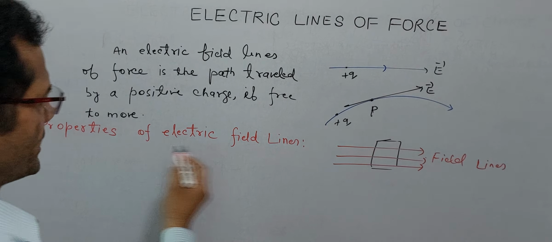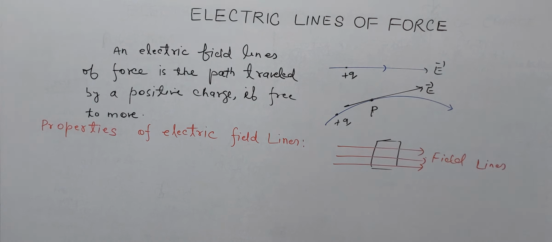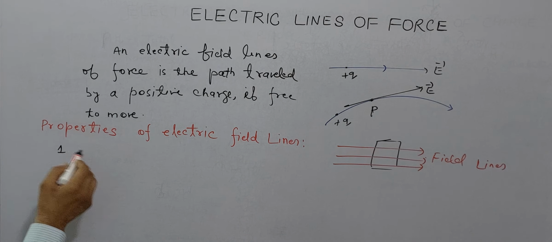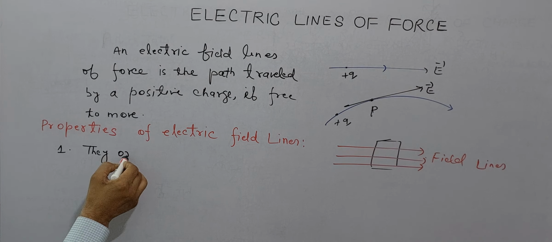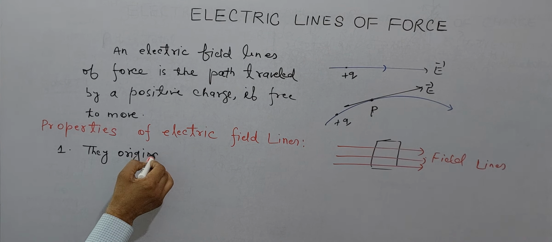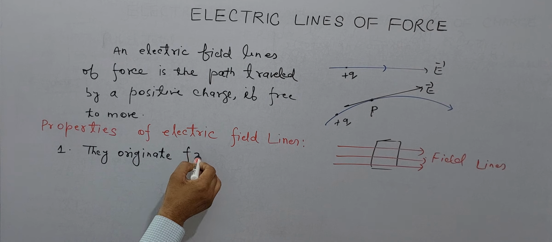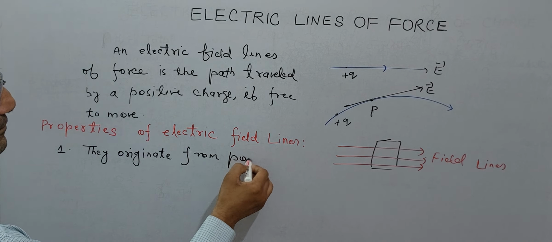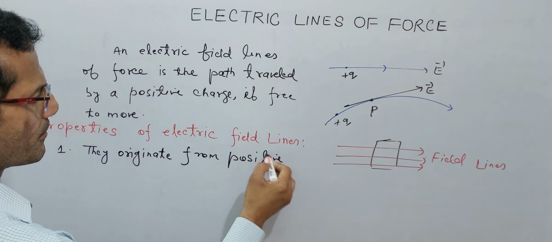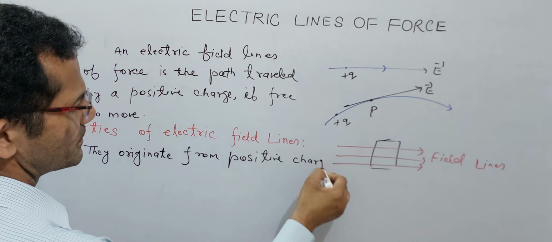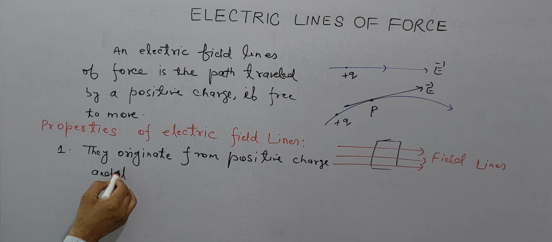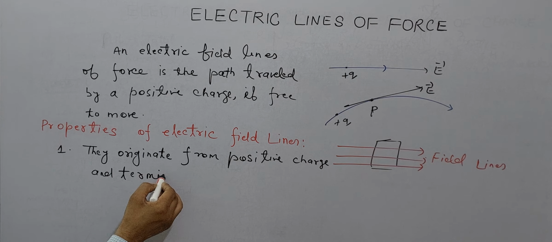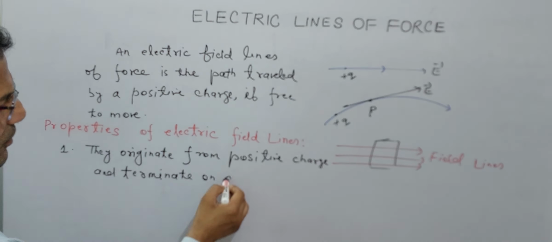Now properties of the electric field lines. First one, electric field lines originate from a positive charge. It means that they start from the positive charge and terminate on a negative charge.